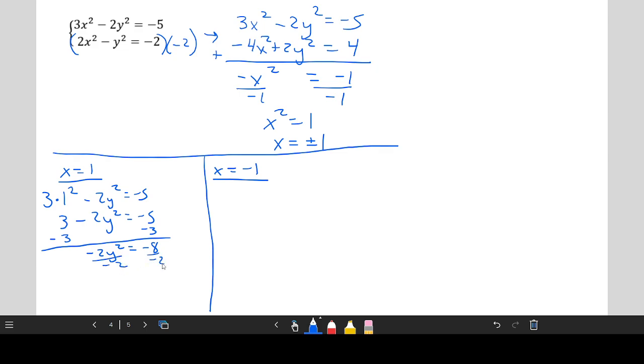Divide by -2, and we have y squared equals 4. So y is plus or minus 2. I'm going to squeeze my solutions in over here. So we plugged in 1 for x and we got 2, and also from plugging 1 in for x we got -2. So we have 2 solutions so far. And then we need to substitute -1 for x as well.